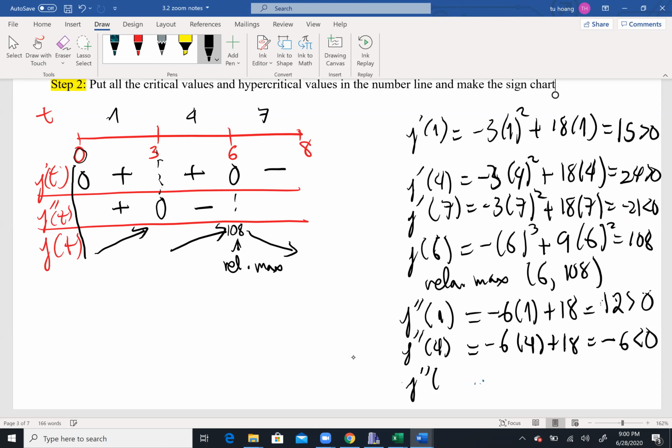The second derivative of 7 equals negative 6 times 7 plus 18, which equals negative 24. That is also less than 0.